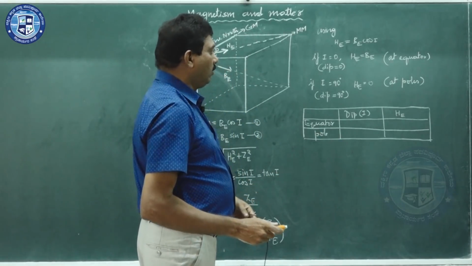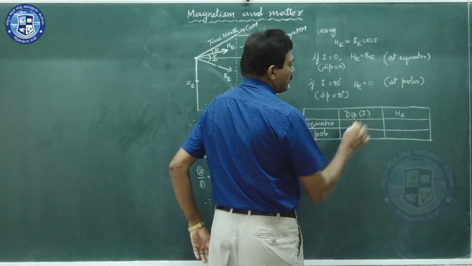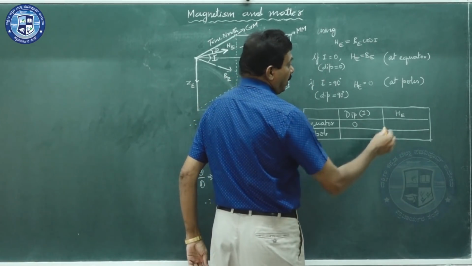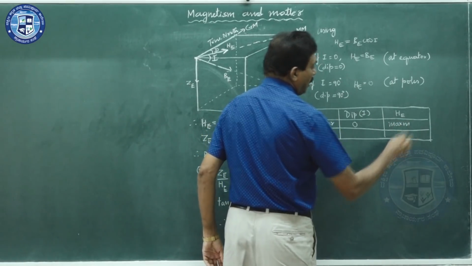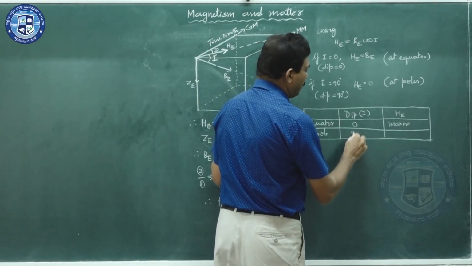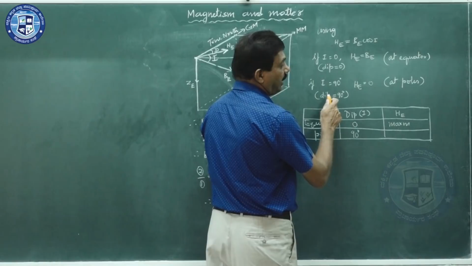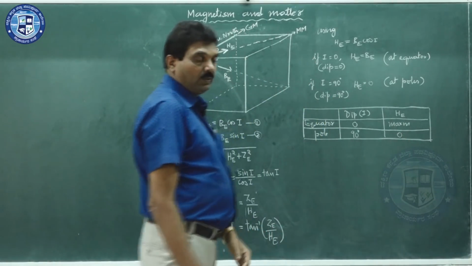At the equator, dip, that is inclination, is 0 and the horizontal magnetic field becomes maximum. At the pole, dip will be equal to 90 degrees and the horizontal magnetic field will become 0.